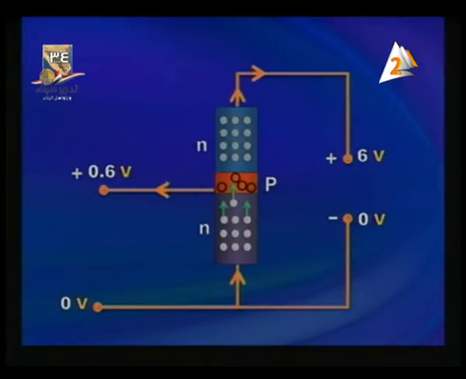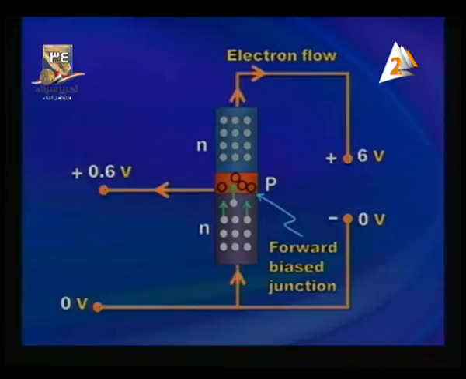Okay, this is quite clear. So we'll have a current that flows. In front of you, we've got the electronic current, electron flow. In this case, as I said, the emitter base junction is forward biased. In this case, we've got a current.